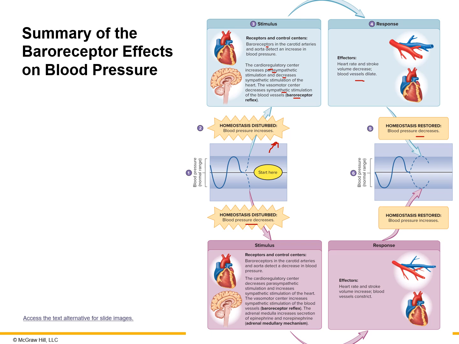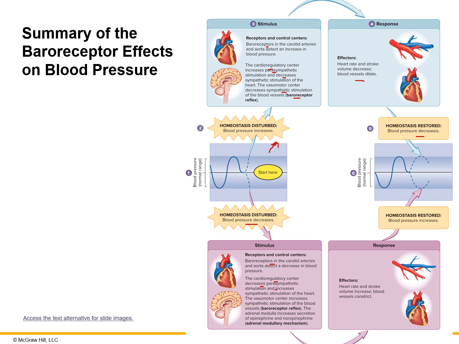Those baroreceptors are going to decrease the action potentials. They sense that decrease in blood pressure. That's going to trigger that cardioregulatory center to decrease parasympathetic and increase sympathetic stimulation. Again, that's the baroreceptor reflex.